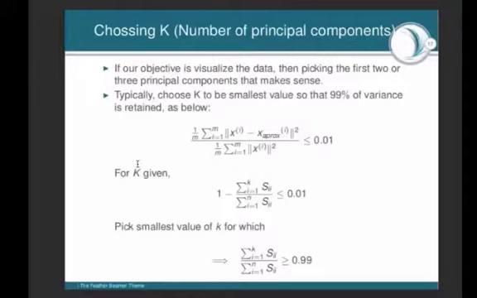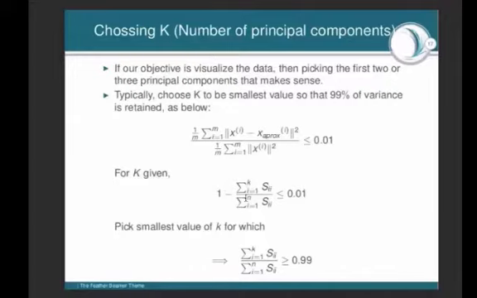Typically, choose K to be the smallest value so that 99% of variance is retained, as below: 1 over m times the sum from i equal to 1 to m of the squared Euclidean distance between each observation and its projection, over 1 over m times the sum from i equal to 1 to m of the squared norm of each observation, is less than or equal to 0.01.